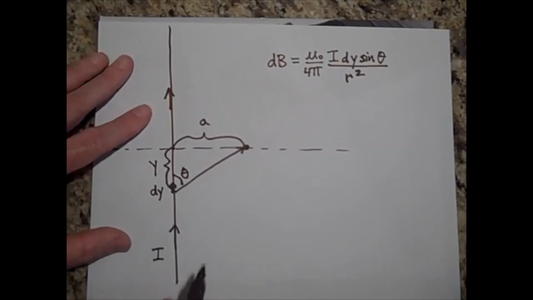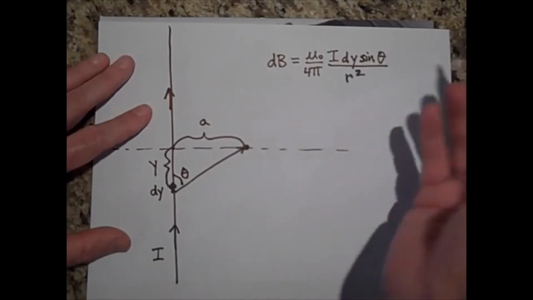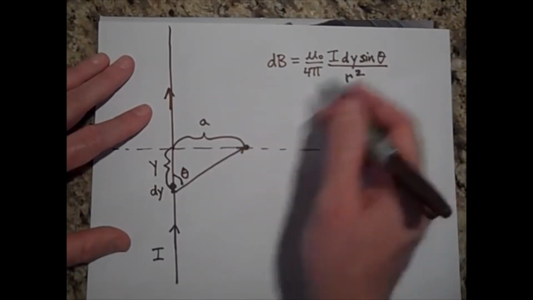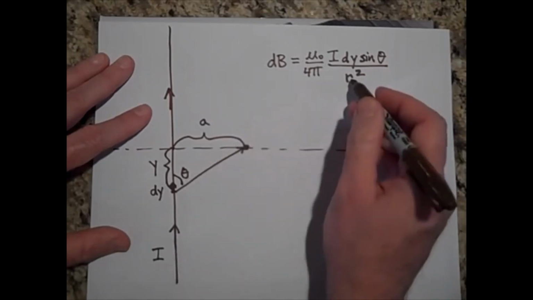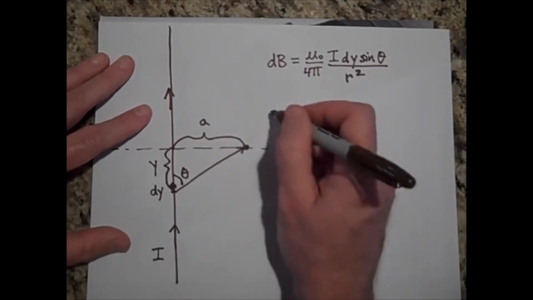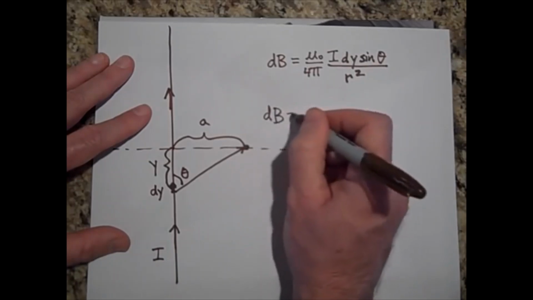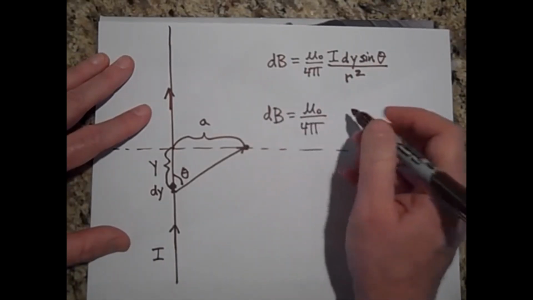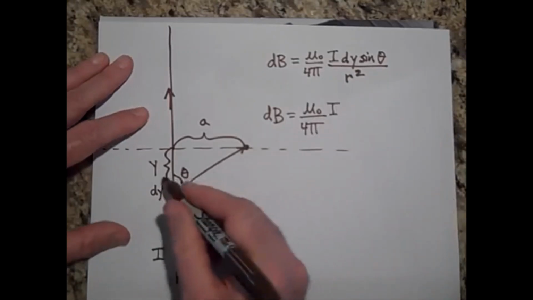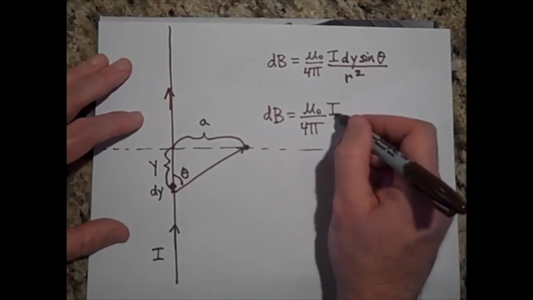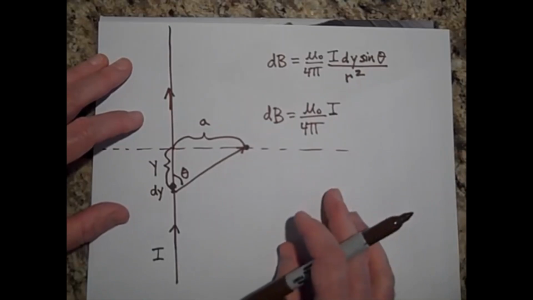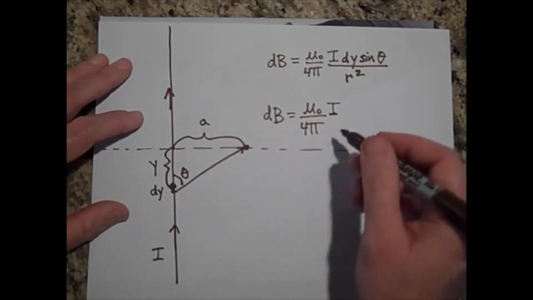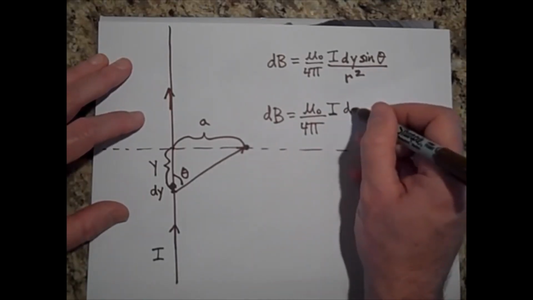Well, what we do is put everything in terms of y. I can put theta in terms of y, and I can put r squared in terms of y. Before I integrate, I bring this over. I is just a constant, a number that could be 4 amps or 1 amp or what have you. I'll have a dy there.